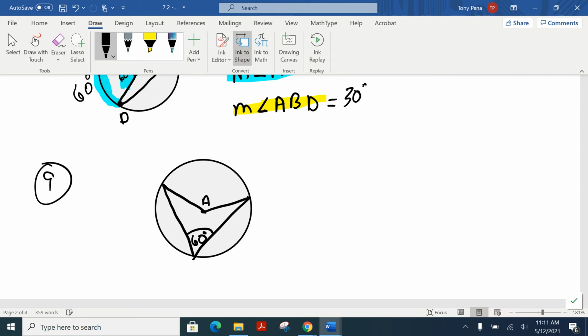And this is angle A, and then B, C. So find 2 things for me. What is the degree measure of arc BC? And what is the measure of angle BAC? All right, so do those real quick.